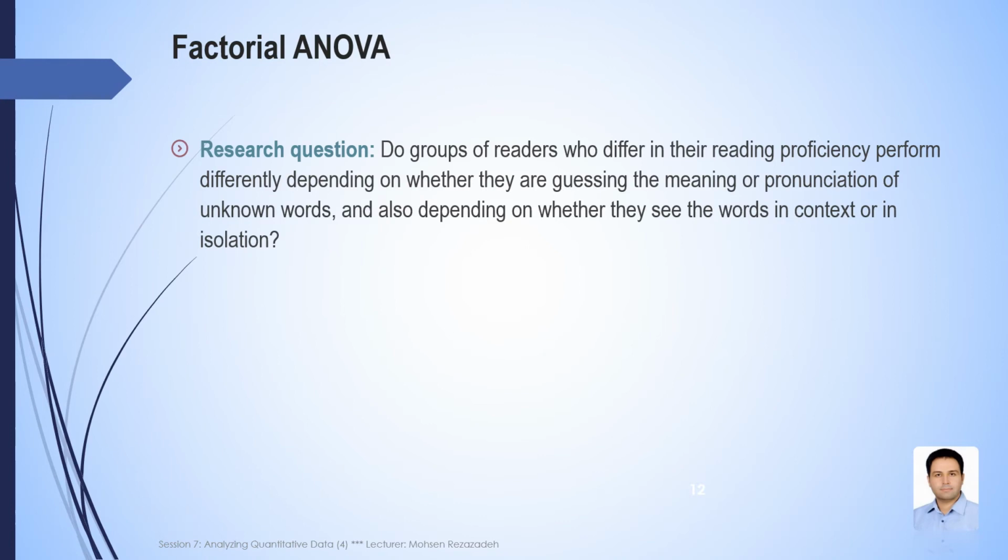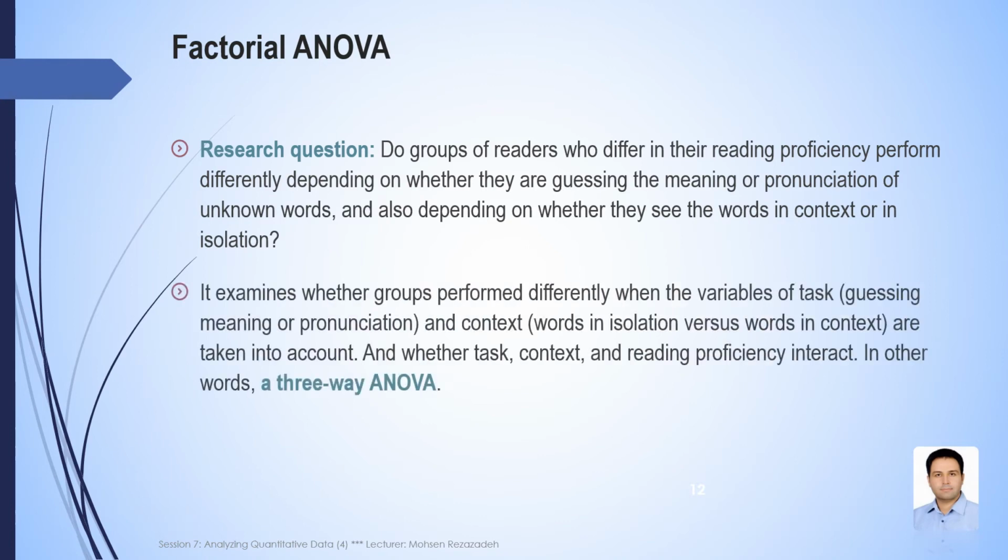So here, as you can see, it examines whether groups performed differently when the variables of task, guessing meaning or pronunciation, and context, words in isolation versus words in context, are taken into account, and whether task, context, and reading proficiency interact. In other words, here we need a three-way ANOVA.